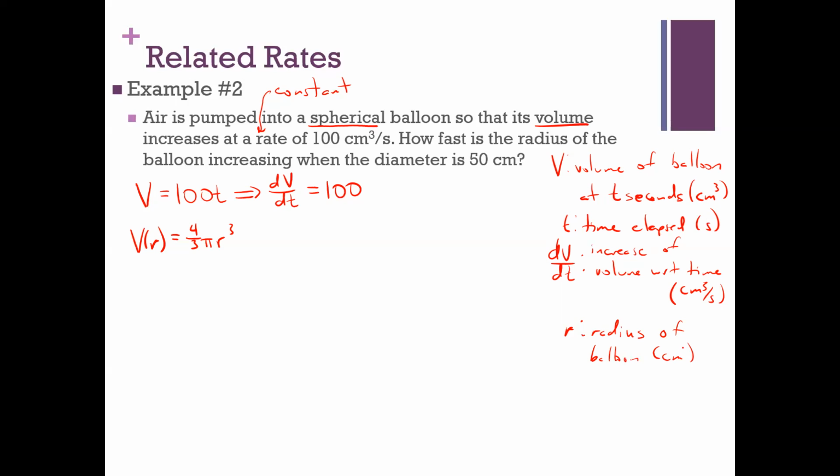What's the thing that I am trying to solve for in this question? I want how fast the radius is growing, right? So I want how fast the radius of the balloon is increasing. Can I give that idea a name, a symbol?